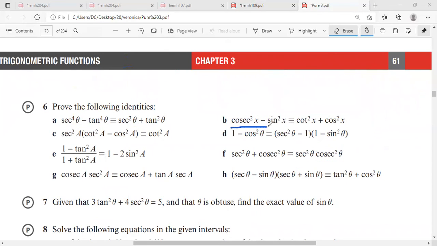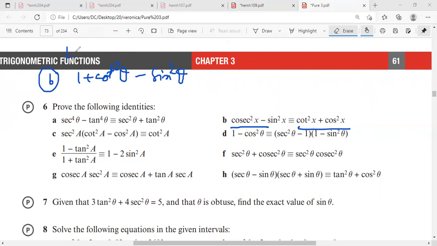Well, we can take this one as well. Cosec square theta minus sin square theta is same as cot square theta plus cos square theta. Look, let's take the left hand side of this first. Cosec square theta, we have seen it a couple of times earlier also. Cosec square theta can be written as 1 plus cot square theta, and minus sin square theta.